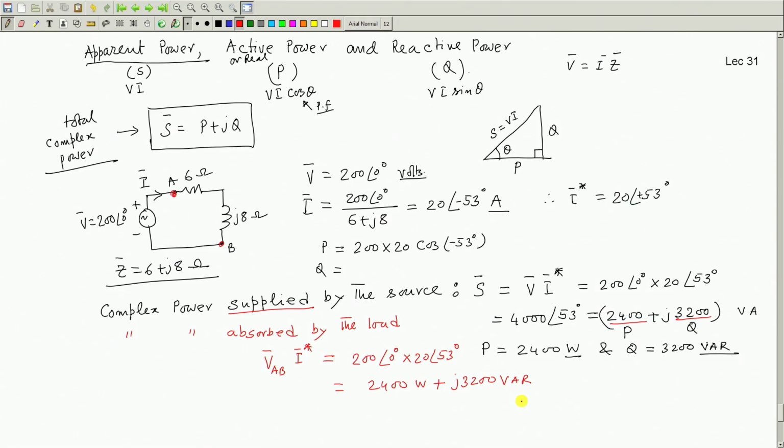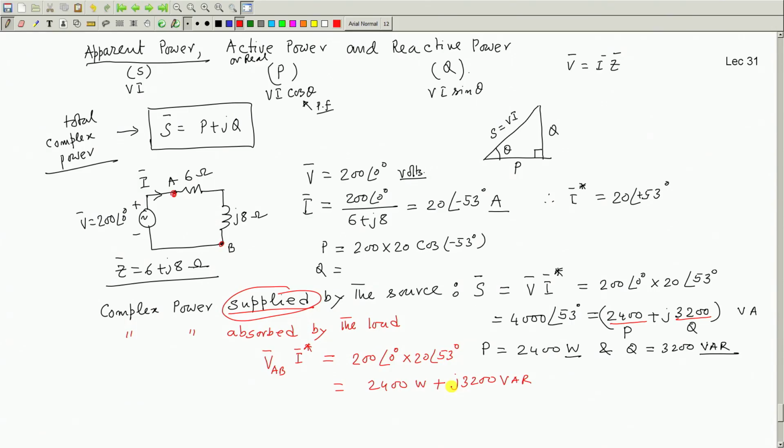Whatever real power is supplied by the source, it was 2400. What is the real power absorbed by the load? 2400. What is the reactive power supplied by the source? 3200. What is the reactive power absorbed by the load? 3200 var, volt ampere reactive. Now, it is such a simple series circuit.